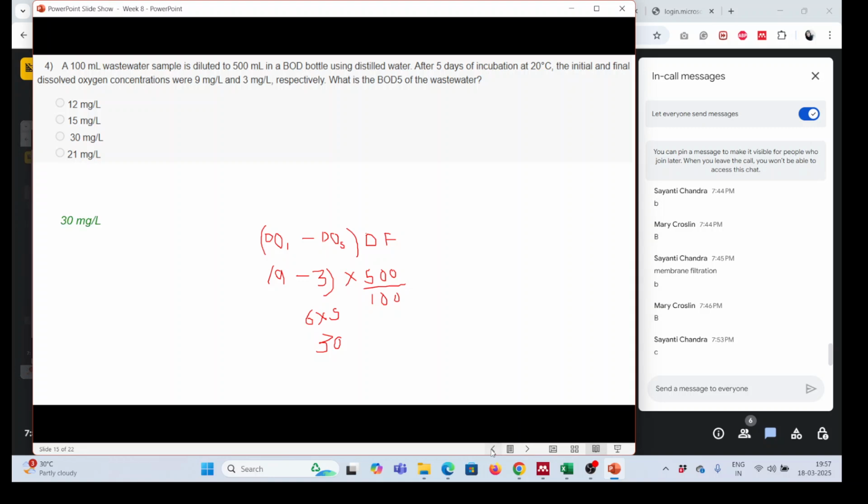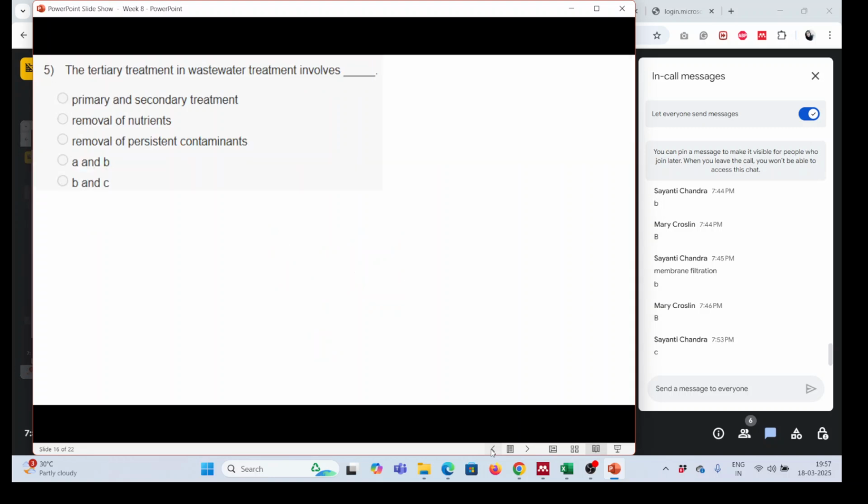Towards the next question. The tertiary treatment in wastewater treatment involves... We're talking about tertiary treatment.